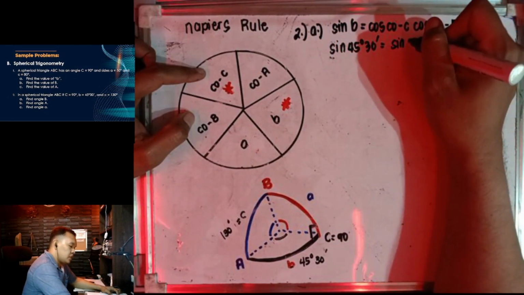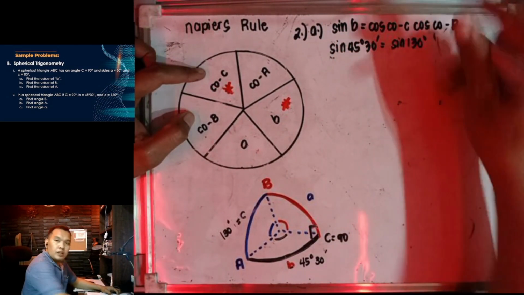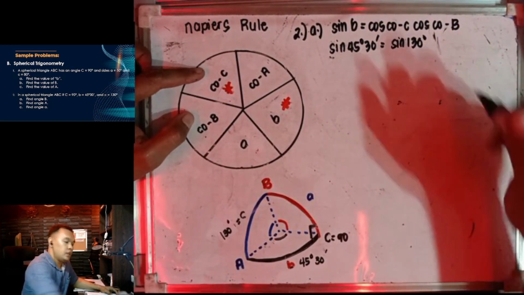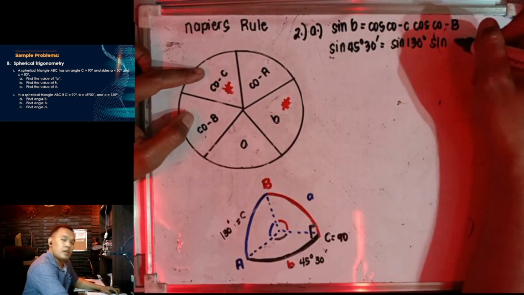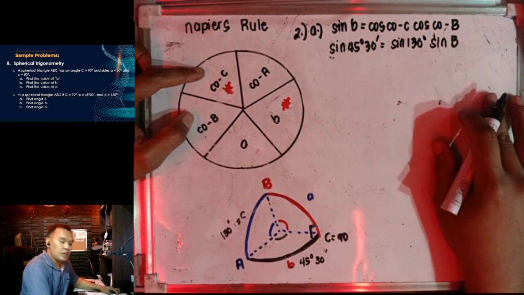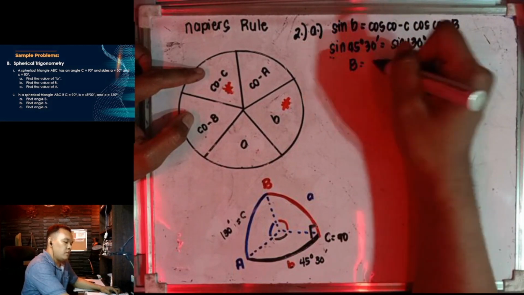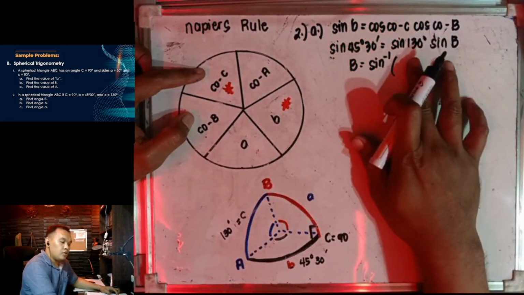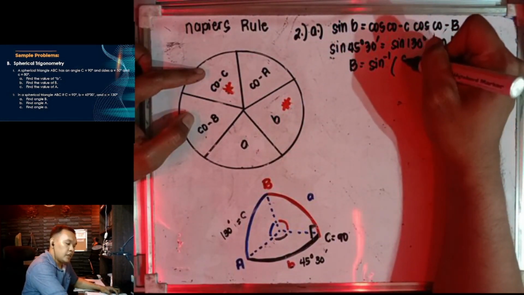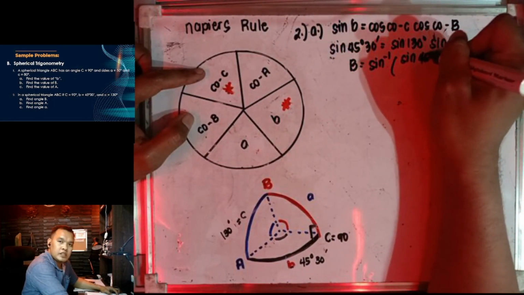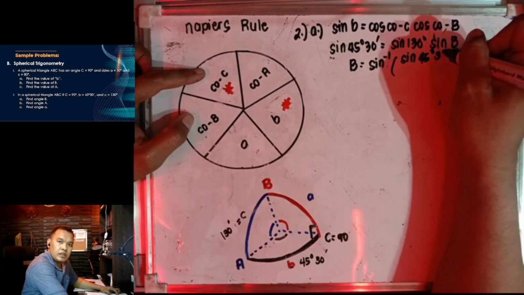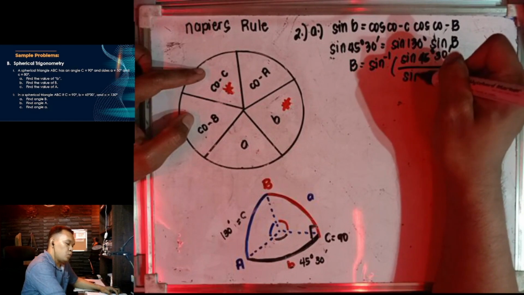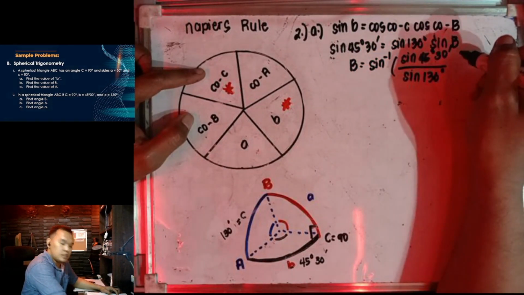And ang value ng c natin is 130 degrees. Then, cosine co B is equivalent kay sin capital B. Then, to get the value of B, we have here arc sine. Then, lipat mo ito doon sa kabila, magiging sin 45 degrees and 30 minutes all over sin 130 degrees.